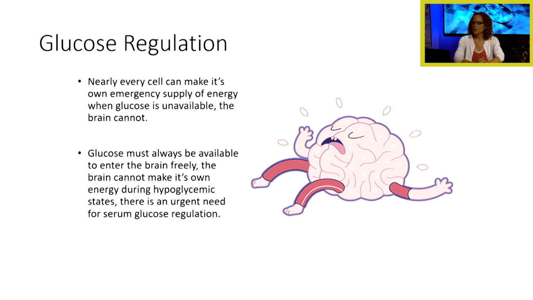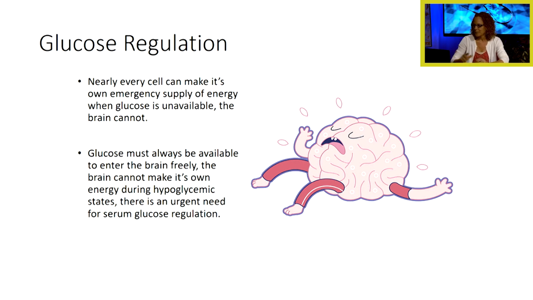Okay, so now that we understand one of the most important reasons for glucose regulation is so our brain is able to get the glucose, right? Because if we do not have good energy in our brain, we cannot function. We cannot be awake and alert and oriented and do all the important things that we need to do every day, all right?